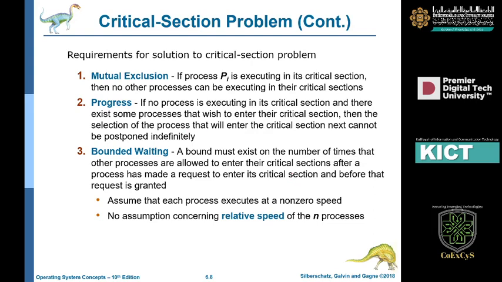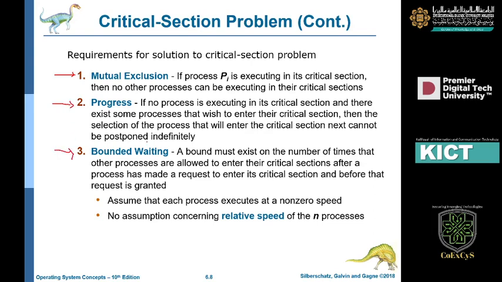So the requirements for having a critical section basically create three items here, right? Three things that you have to understand: the mutual exclusion, progress, and the bounded waiting, right?